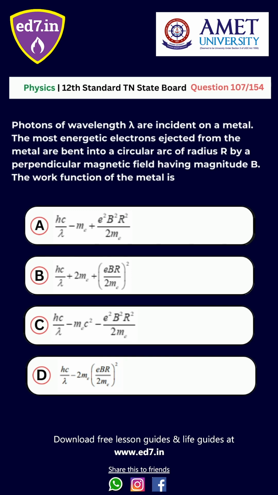B, hc by lambda plus 2me plus ebr by 2me the whole square. C, hc by lambda minus mec square minus e square b square r square by 2me. D, hc by lambda minus 2me into ebr by 2me the whole square. Right answer is option D, hc by lambda minus 2me into ebr by 2me the whole square.